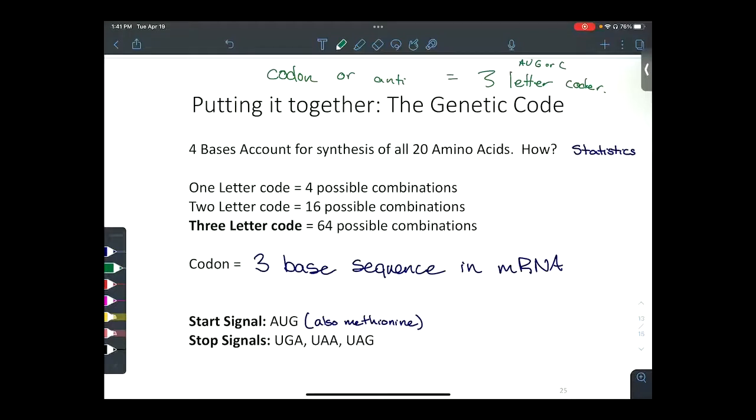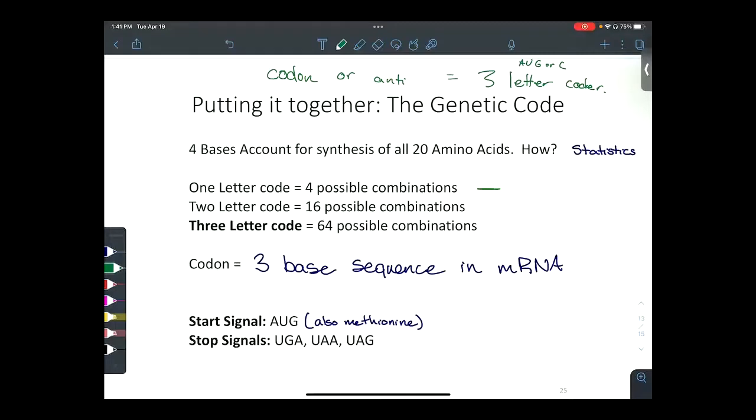So if we think about it, if we have a 1-letter code, and so instead of having 26 letters in our alphabet, let's pretend we only have 4 letters in our alphabet. So if I'm trying to make one word, one letter, and I only have 4 possible keys on my keyboard, but I can only place 1 letter, how many different combinations can I do?